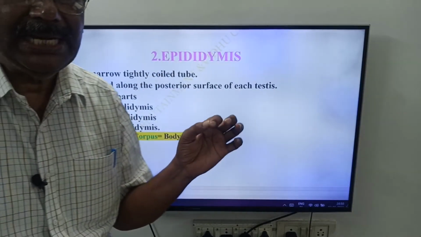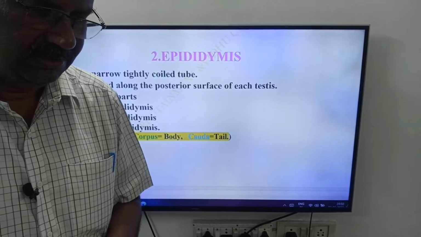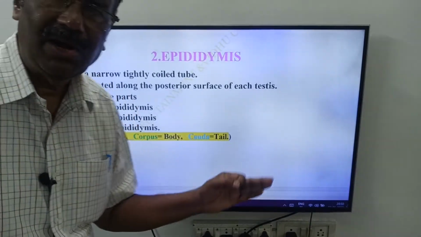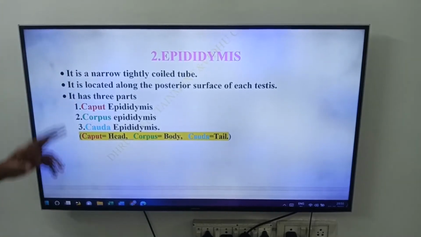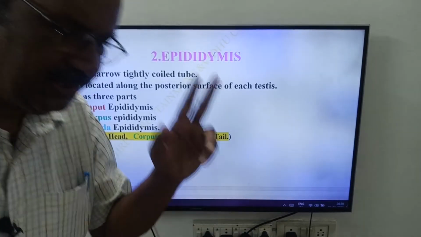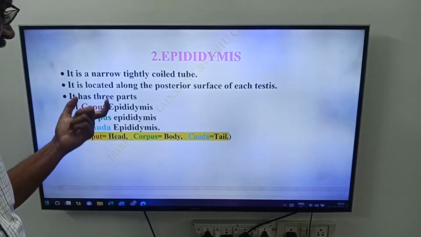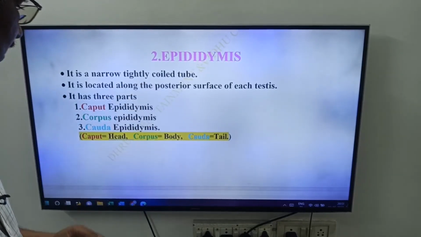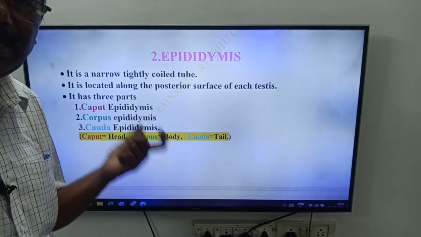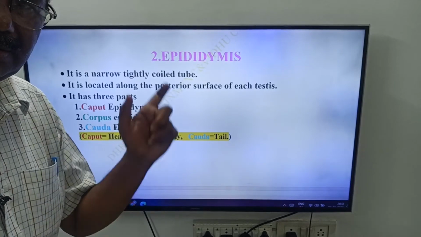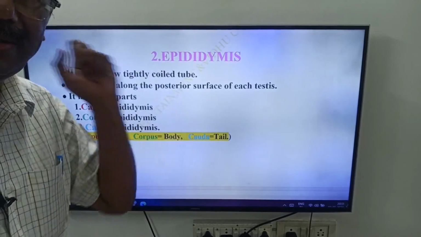There are caput epididymis, corpus epididymis, cauda epididymis. The epididymis has three parts: caput, corpus and cauda.